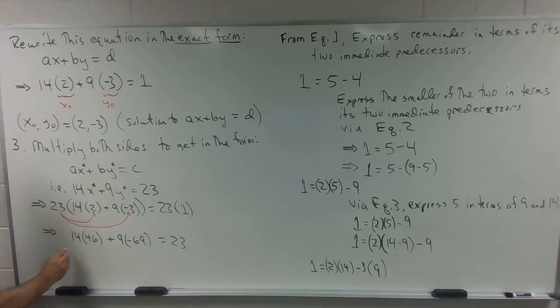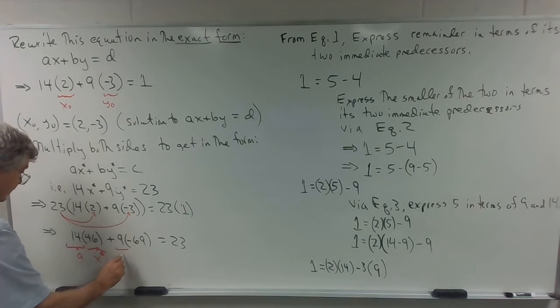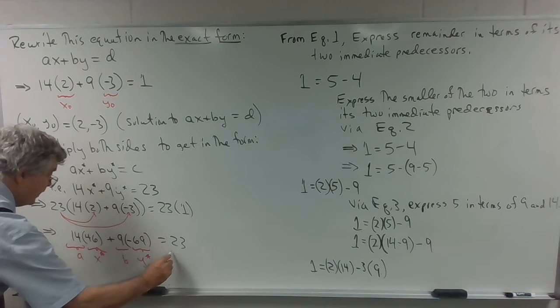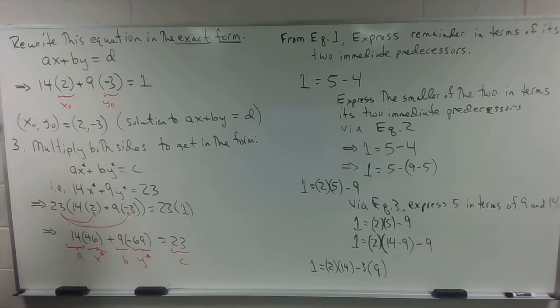So there we have it. A x star plus b y star equals c. That's exactly the form that we wanted.